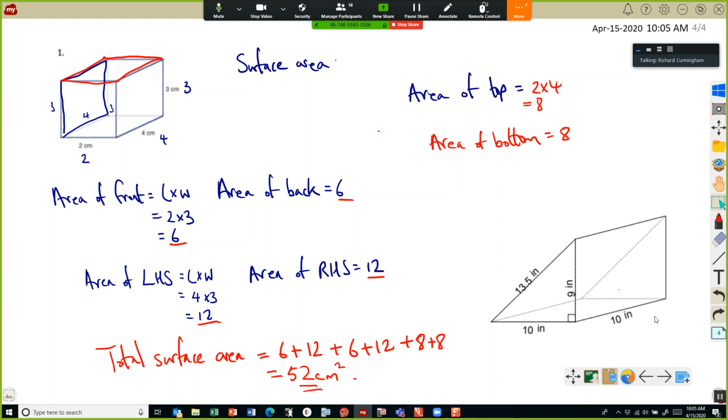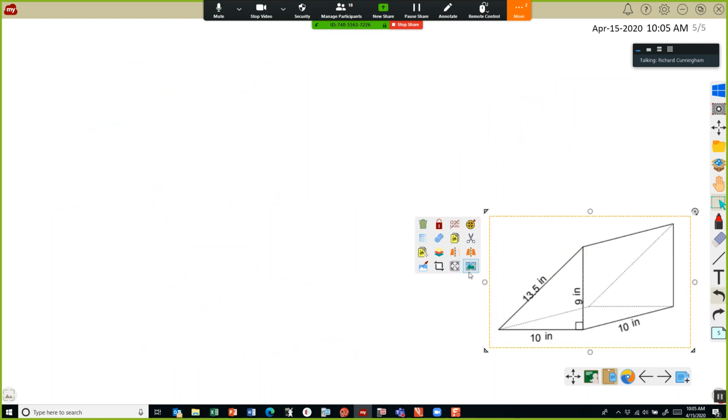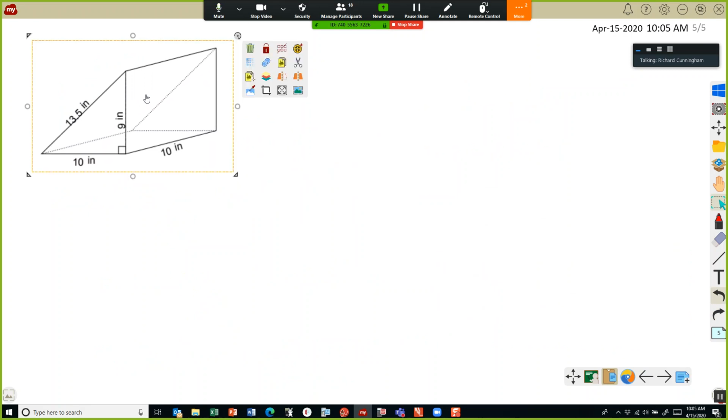If I want to work out the surface area of this 3D shape, is it made up of rectangles? No. Okay, what else is it made up of? Yep, we've also got triangles. So what I want you to do now, in your book, is to work out the surface area of this.